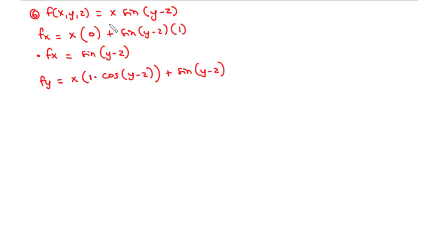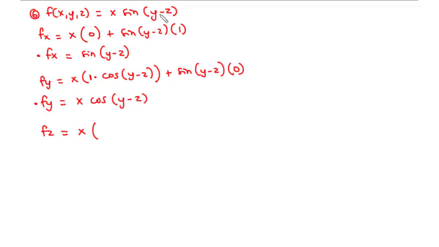We differentiate x with respect to y, it is 0, or this is a constant, so it goes to 0, and then you have fy to be equal to x cos y minus z. So that is fy.